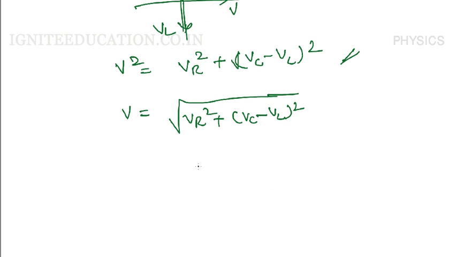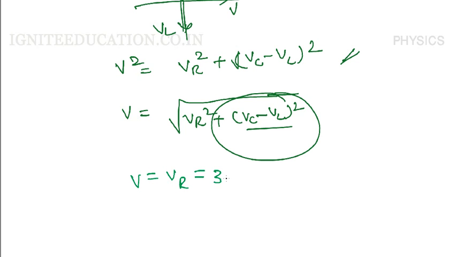From the given data VC is equal to VL, so this component will be rid of. Then V is equal to VR, which is equal to 35 volts. So that is the consequence of this problem.